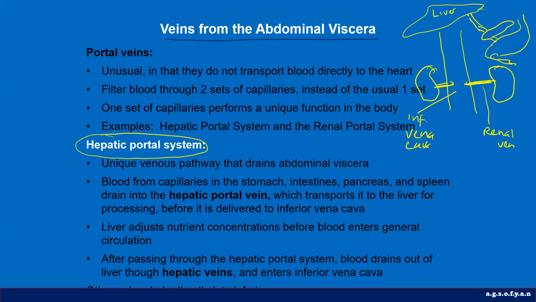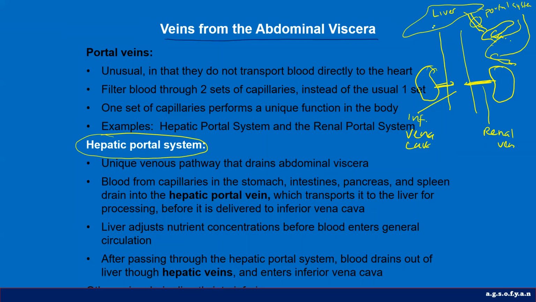So all of them will return the blood to the liver first. Okay? So from capillaries in the digestive organs to capillaries in the liver, that connection is called the portal system. The portal system is the system that returns the blood from one capillary into another capillary.